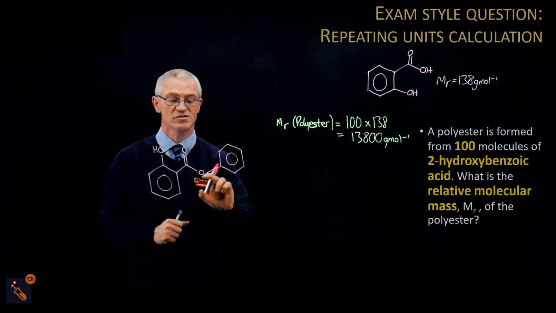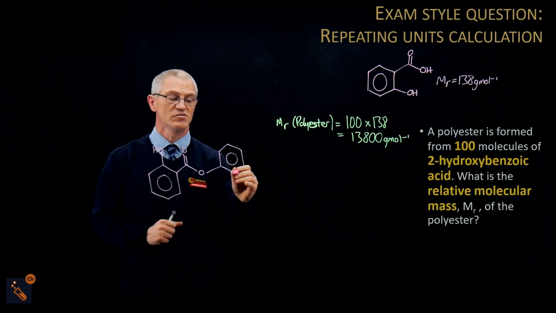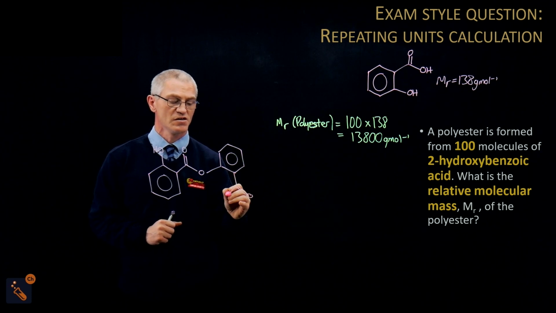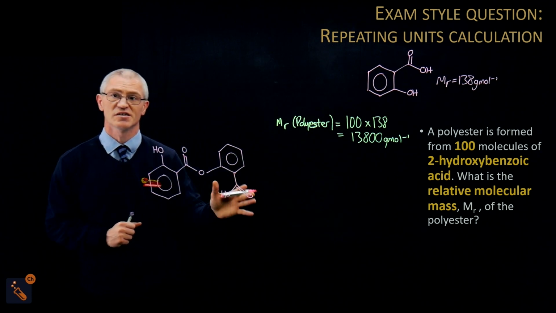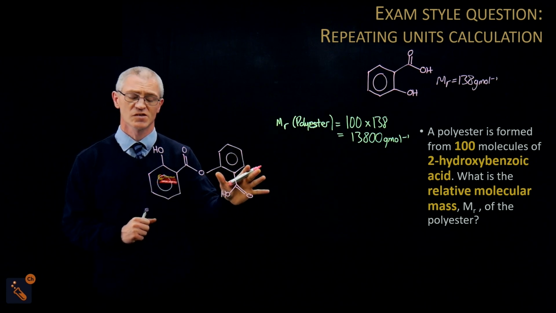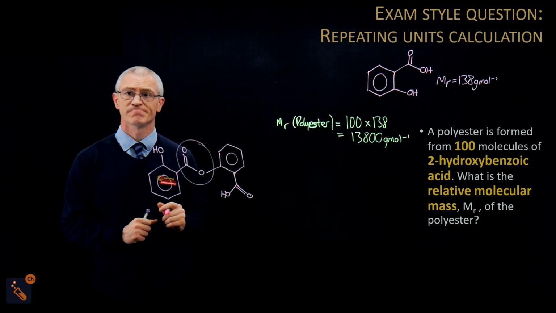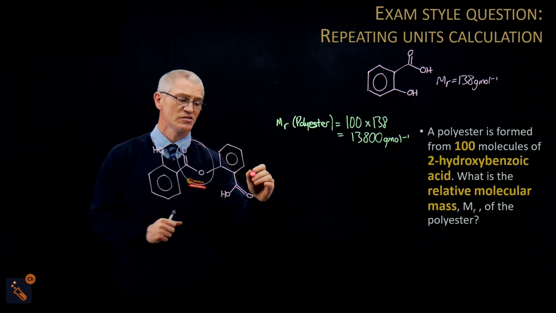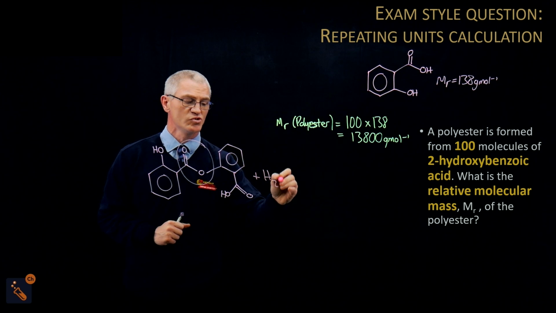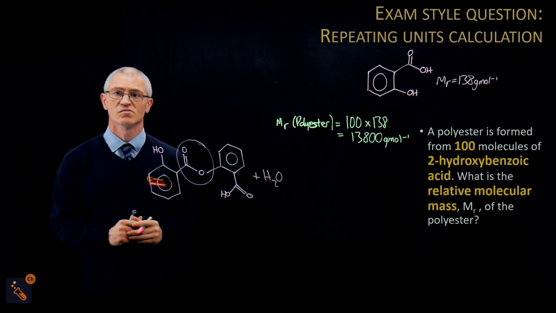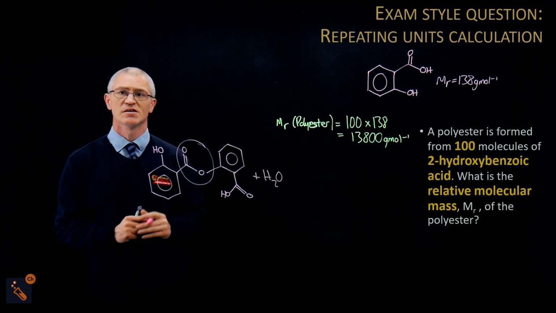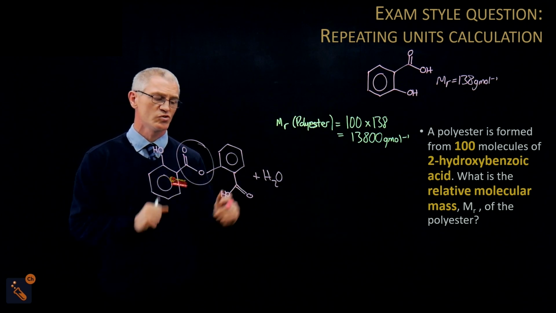And on this one, there's the OH, so I'll draw the carboxylic acid here. Okay, so I have drawn 2 molecules, and you notice that here I have 1 ester linkage. That means that's going to have 1 water being lost. So I've got 2 molecules, 1 water being lost.